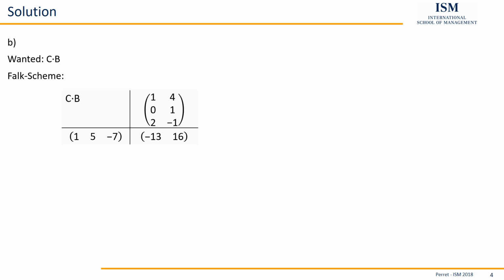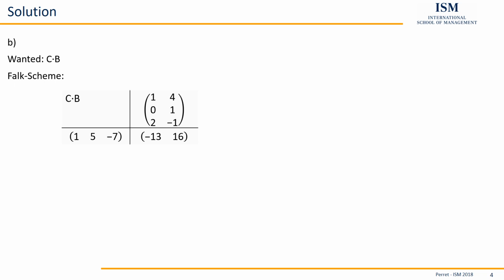So when we want to calculate the entry in the first row and first column, we take the first row from the matrix on the left. So the matrix on the left is always in reference to rows. And we take the first column from the upper matrix, so whatever is on the right, or here in the upper part of the fork scheme, is referred to via the columns.